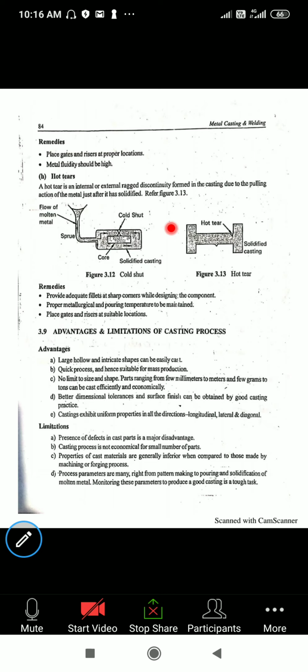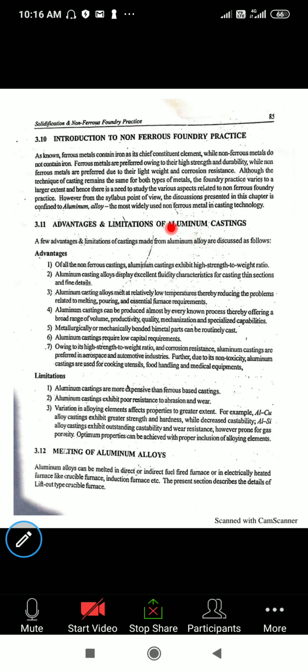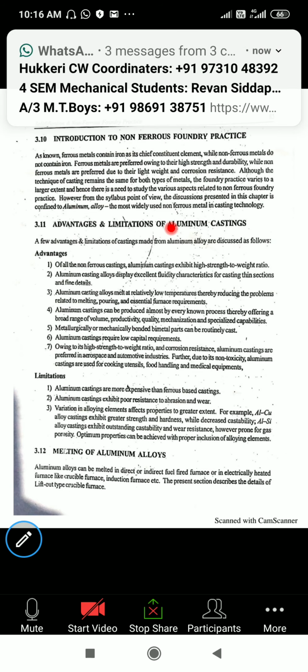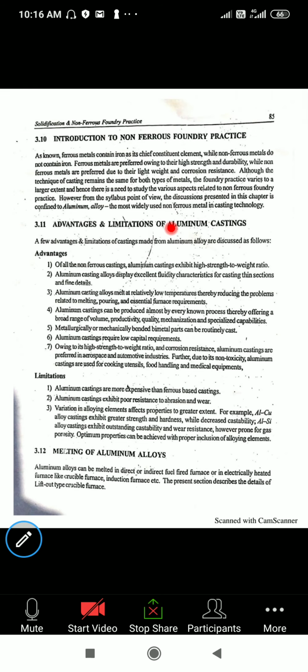Now the advantages and the limitations of the overall casting process, that you are going to study in this model. Now this is the half portion of the casting process finished here, of model number 3. Another half is an introduction to non-ferrous practice.